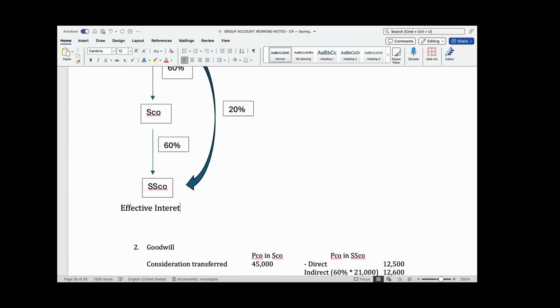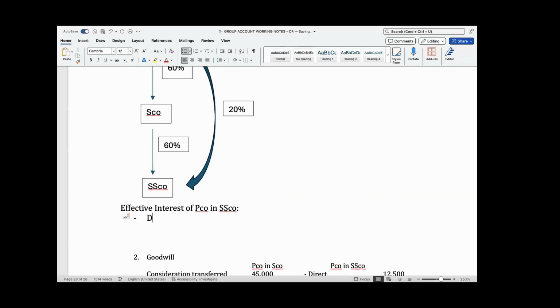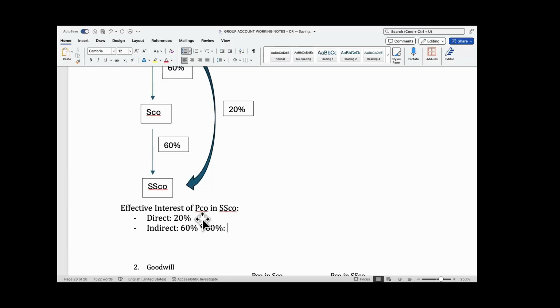First, effective interest of PICO in SSCO. Yes, direct of 20%, and it has indirect of 60% times 60%, which is 36%.